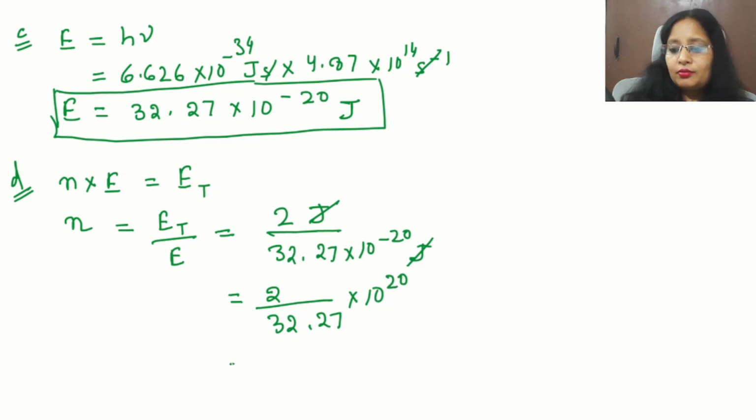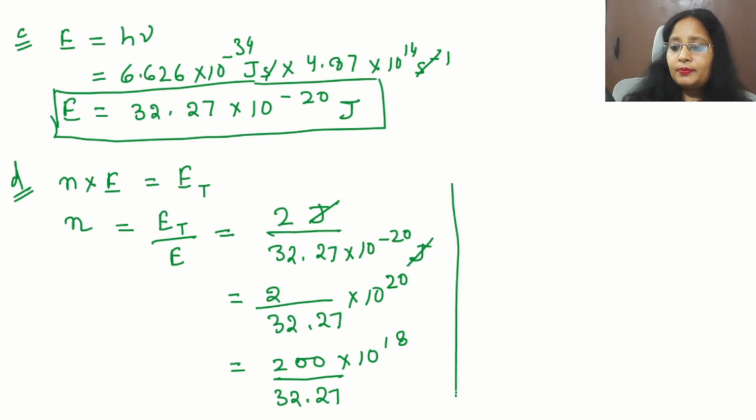Now to ease the calculation, we will write 200 into 10 to the power, now minus 20, we shift the decimal 2 steps rightward. It means minus 2. So 20 minus 2 becomes 18 upon 32.27, and from here we will get the answer.